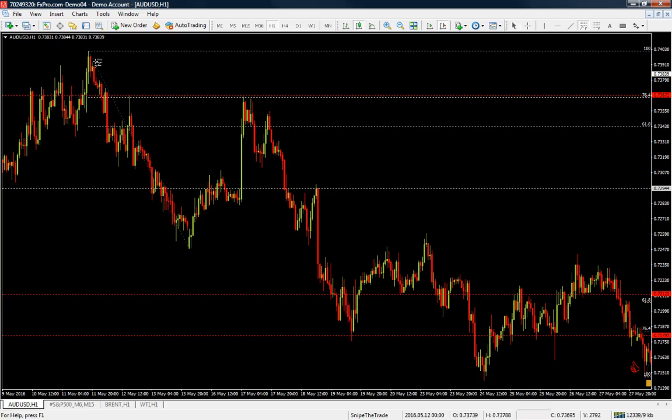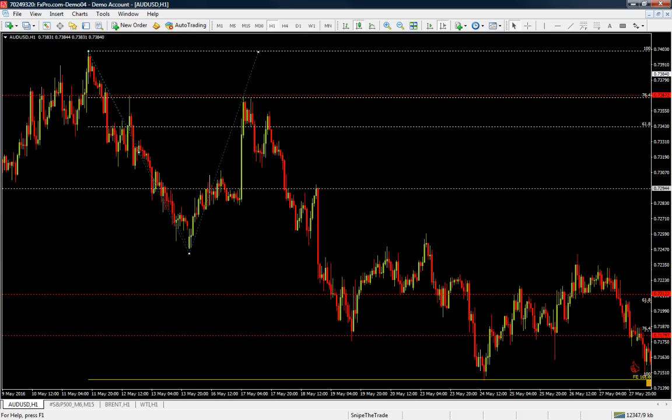And then if we calculate the extension level, you can see that we hit the 161.8 to the pip. So calculating targets with the 161.8 extension level after an entry on a retracement level works, and it's going to give you better risk to reward opportunities than just trading the simple A, B to C.